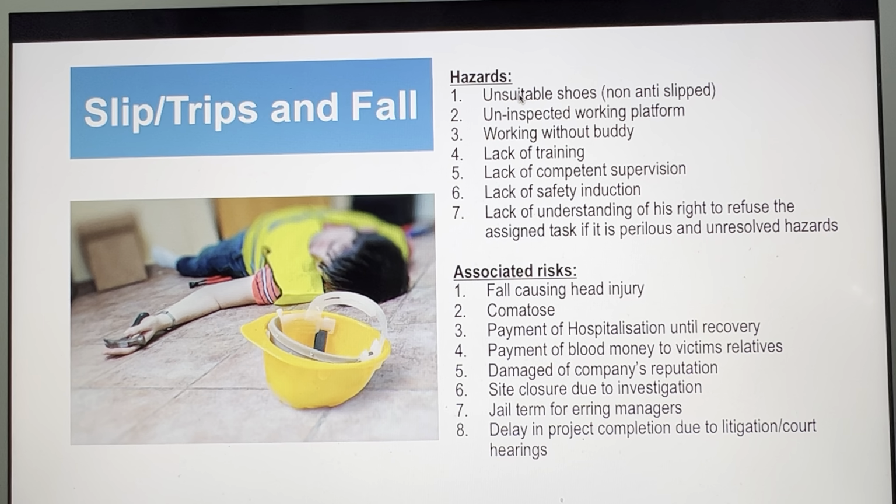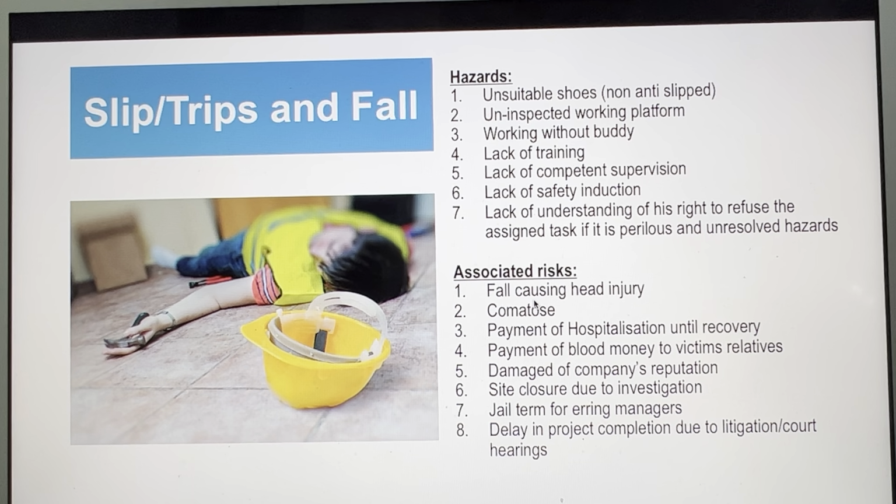So another hazards are listed here is unsuitable shoes, non-anti-slip material, that is hazard, uninspected working platform, working without body, lack of training, lack of competent supervision, lack of safety induction, lack of understanding of his rights to refuse the assigned task if it is perilous or with unresolved hazards.